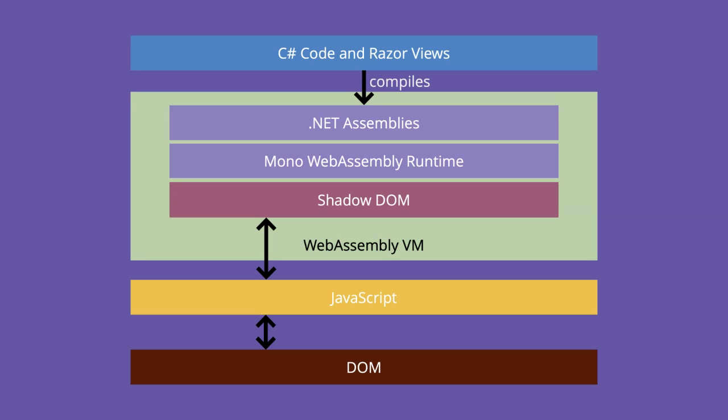It's provided by the Blazor runtime, and it will help us to essentially patch down the updates to our component tree to the actual DOM. And it also works a way back. So every time a user interacts with the DOM, clicks on something in the DOM or writes a text, it will be patched back to our shadow DOM.